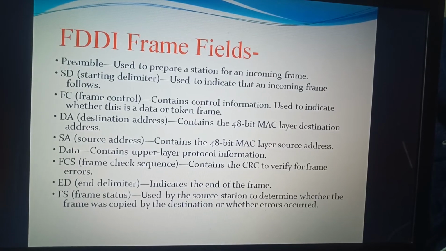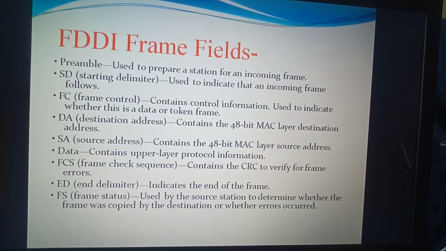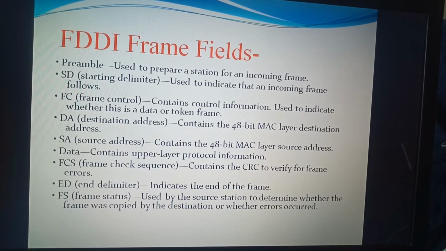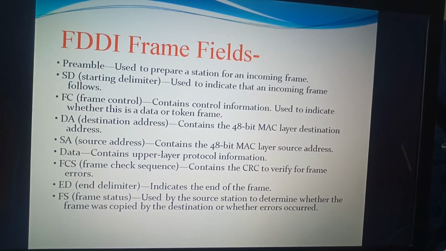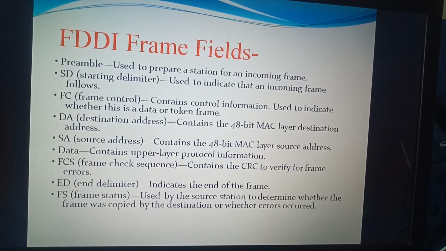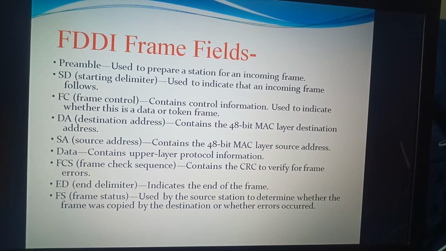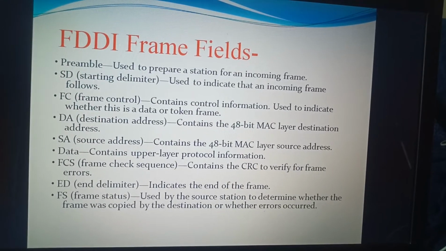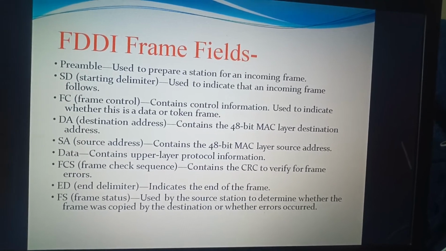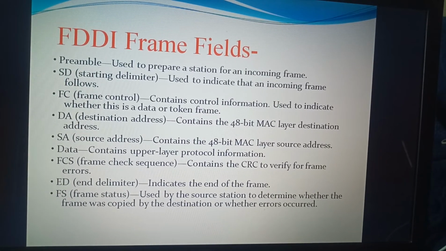The destination address contains the 48-bit MAC layer destination address. The source address also contains a 48-bit MAC layer address, but it is the source address, and DA contains the destination address. Data contains upper layer protocol information.